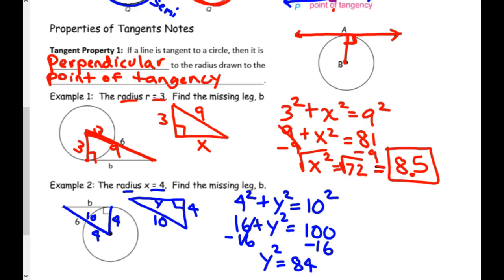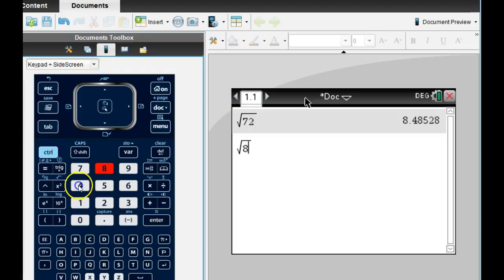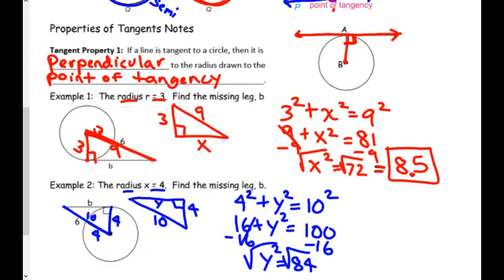What's my last step? Square root. And what is the square root of 84 but 9.17? Okay, so if you had a problem like that on your assignment, could you do it? You have 2 examples to look at, right? Now flip it over. Let's try property 2.